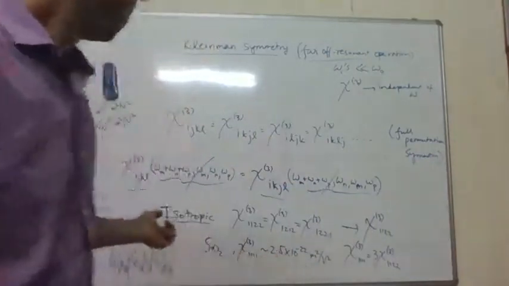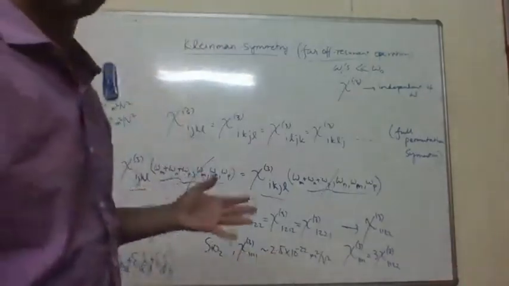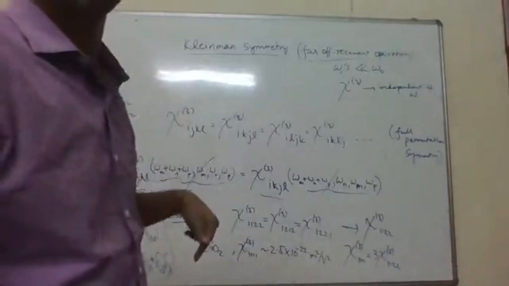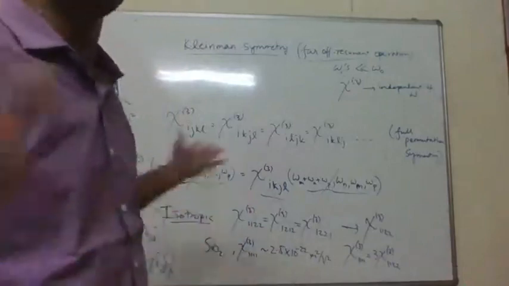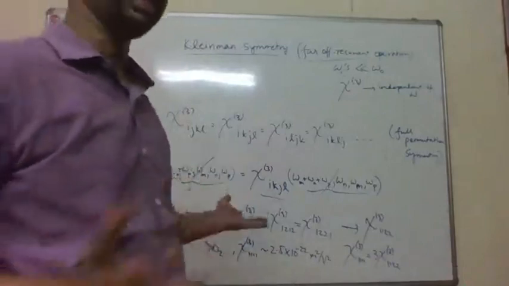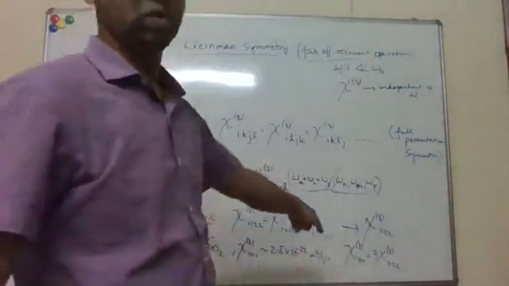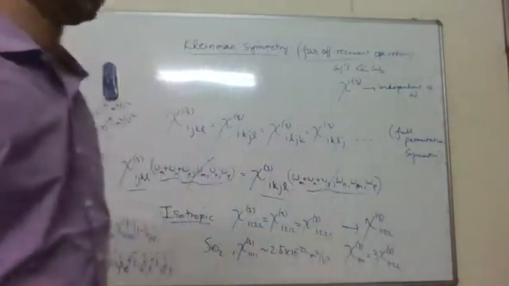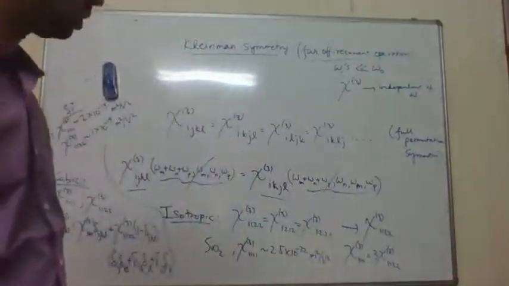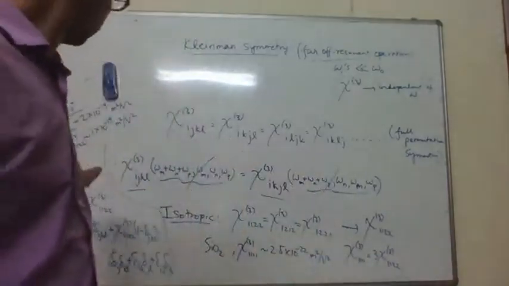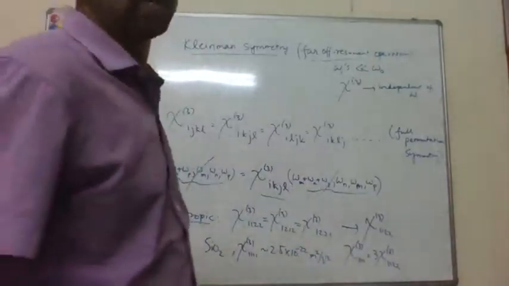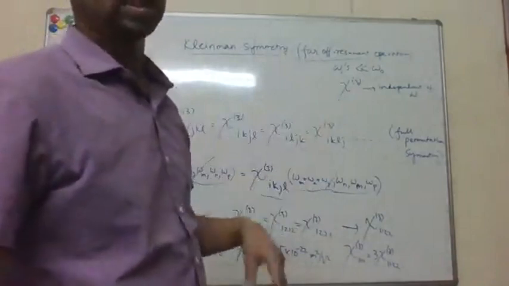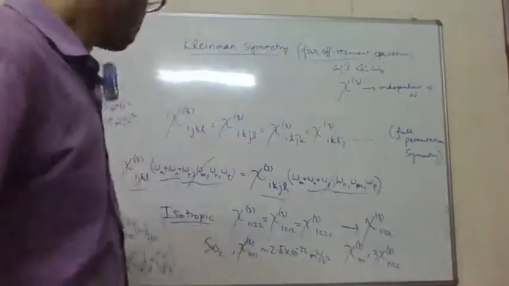As the crystal has more and more symmetries, the number of elements required is less, right? So isotropic is sort of the perfect symmetry. It looks the same in any direction, so it requires the least. It just requires one value. And then the next most symmetric thing you can think of is a cubic crystal. Any 90-degree rotation in any direction leaves the crystal invariant. So there you require 2.